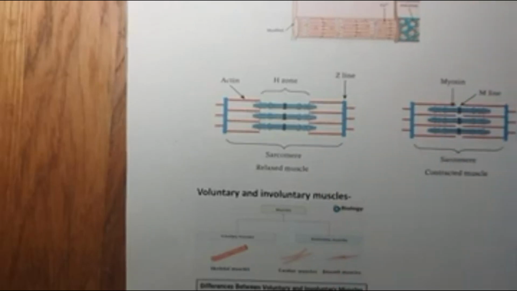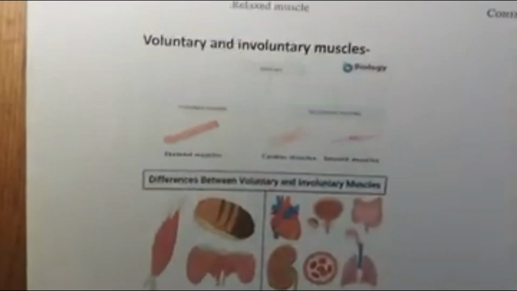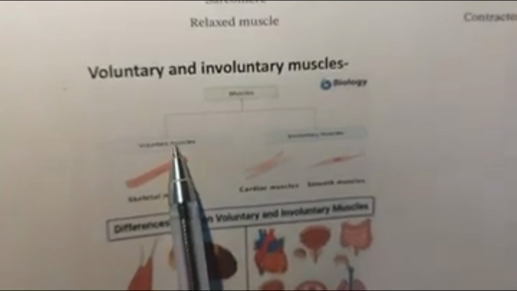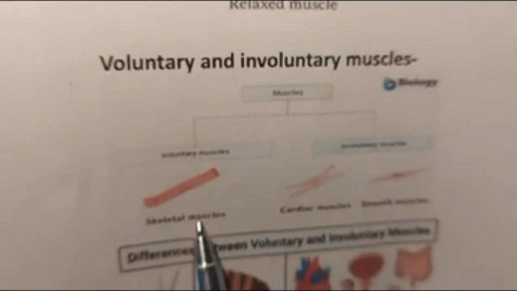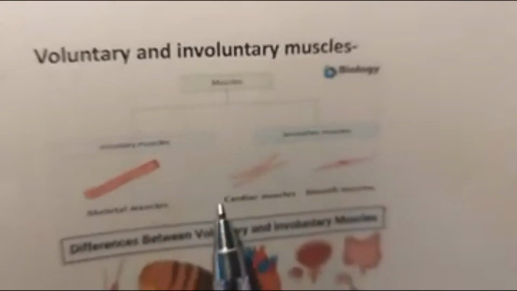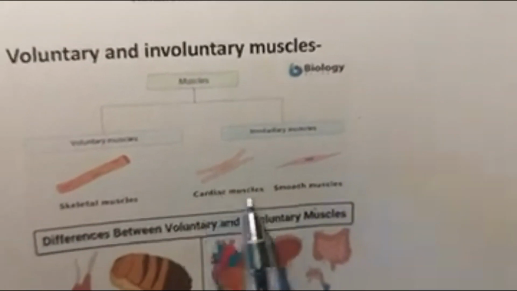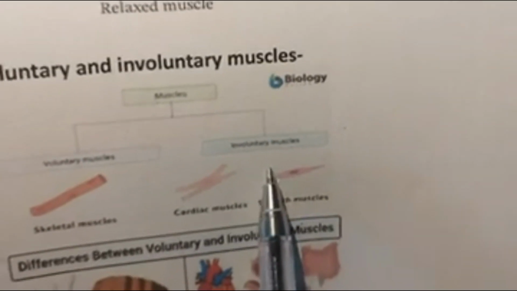As you have seen already in last year's class, muscles can be voluntary or involuntary. The voluntary muscles are skeletal muscles, and involuntary muscles are heart muscles, that is cardiac muscle, or smooth muscle. They lie in blood vessels and the gastrointestinal tract.